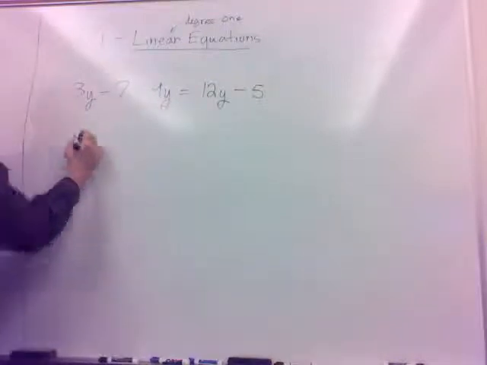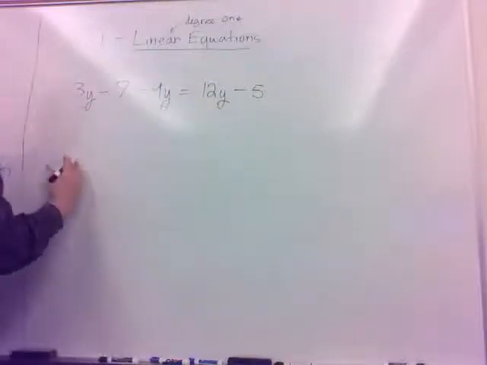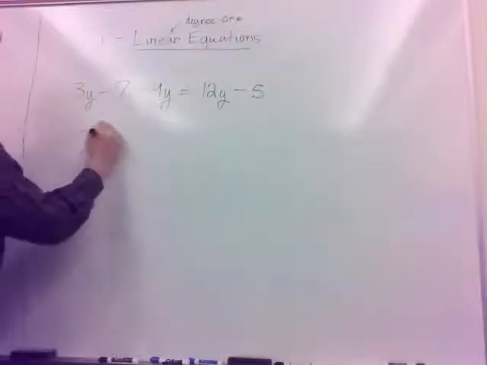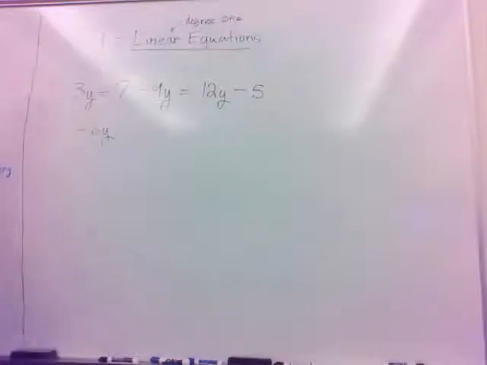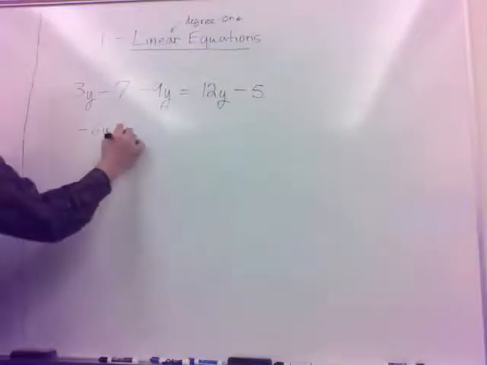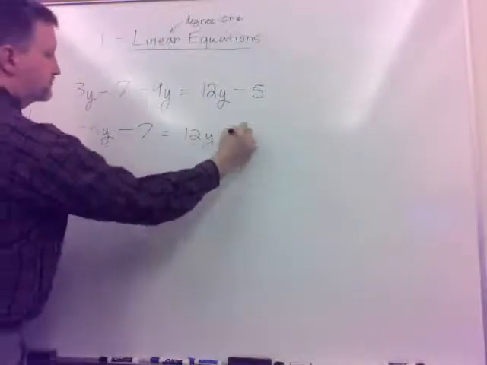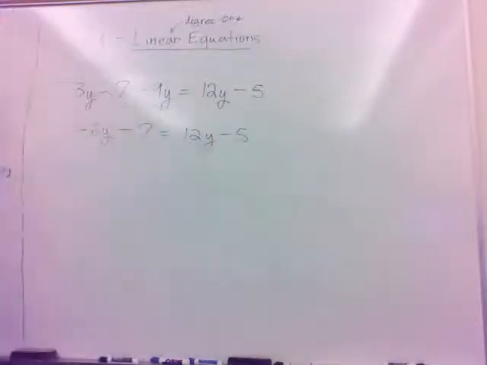That's my first step. 3 minus 9, we just talked about that in 1.4, combining like terms. 3y minus 9y gives me a minus 6y. 3 minus 9 is minus 6, so we get a minus 6y there. The rest of it stays the same.